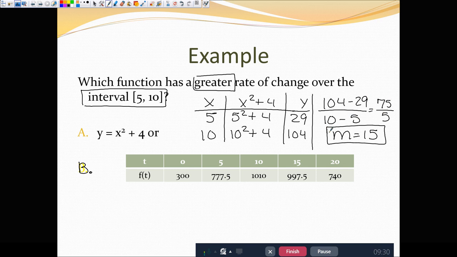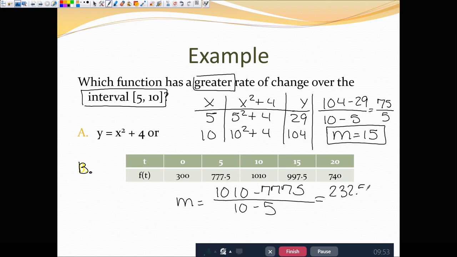Now we need to find my m for the other one, okay, because we're comparing the two from 5 to 10. Okay, so I'm going to be looking at my 10. 10 minus 777.5 over 10 minus 5, which will be 232.5 over 5, which is 46.5.